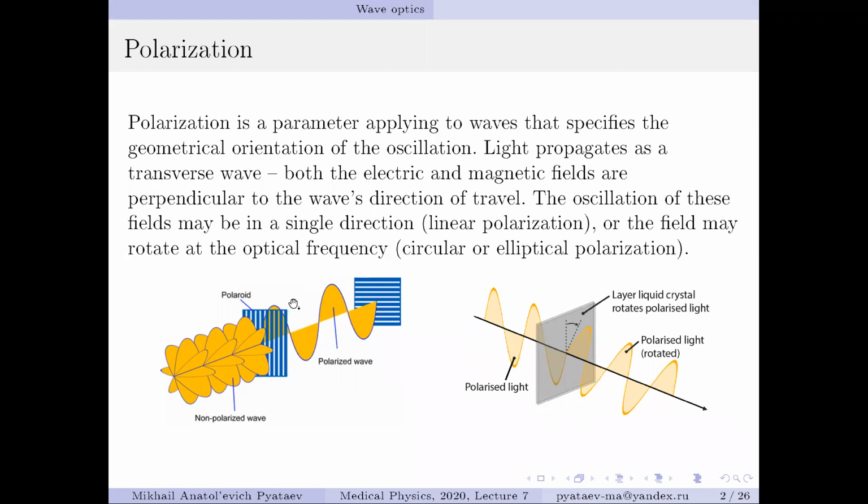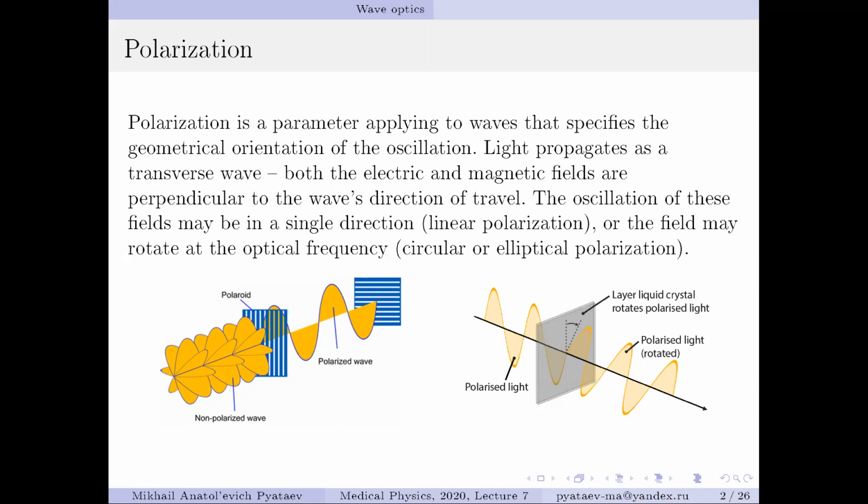And we can put some objects which rotate the angle of polarization. There are some substances which can do this, and in the case of displays, this substance is used. Its angle of rotation depends on the electric voltage applied to this substance.